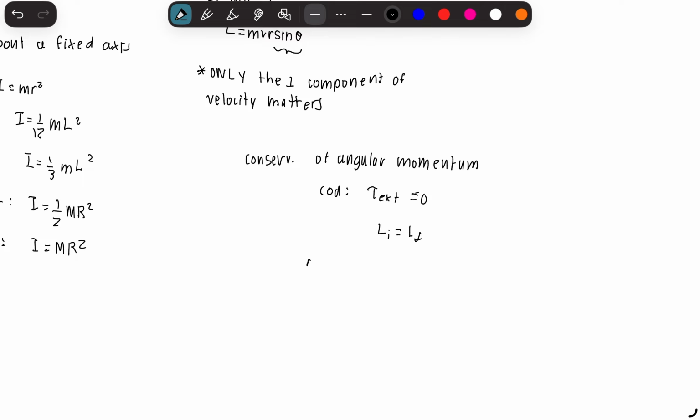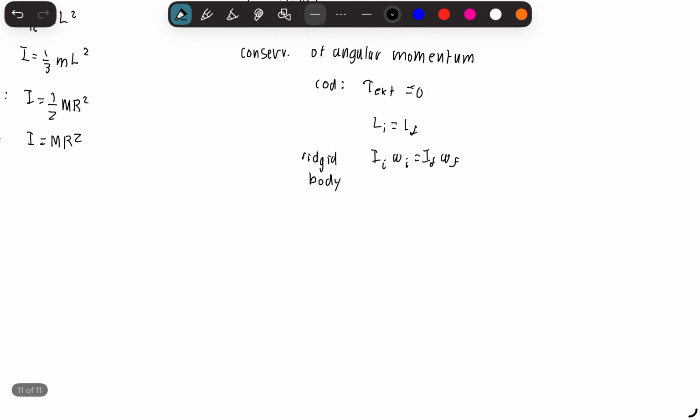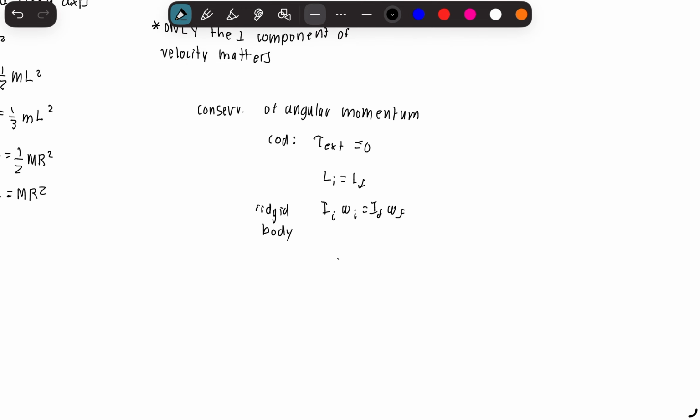Then for your rigid body, you can represent this as inertia initial times angular velocity initial is equal to inertia final times the angular velocity final. So this is for when you have a figure skater pulling their arms in, or rotating stools or collapsing systems.